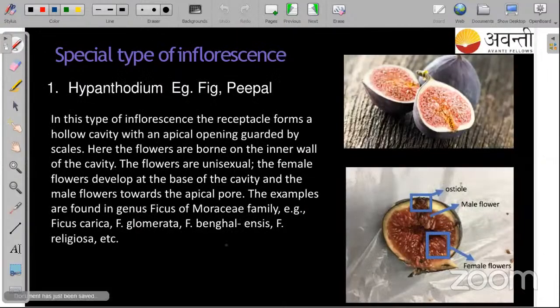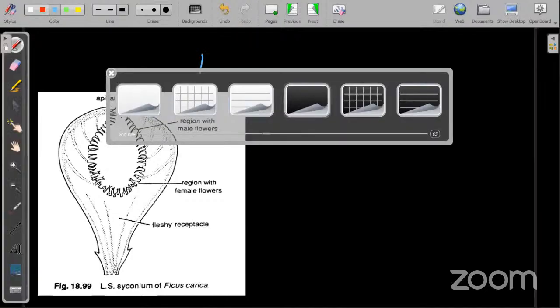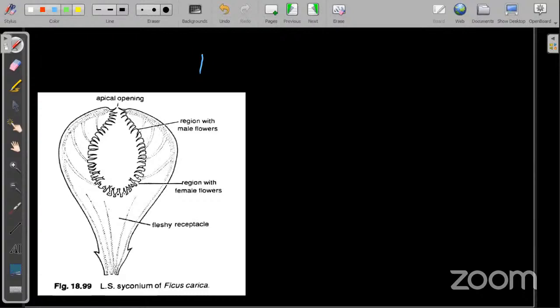Next is the hypanthodium. Actually, this is a special type of inflorescence. So what is the difference in this type of inflorescence? In this inflorescence, the receptacle forms a hollow cavity. You can see in this diagram, this is the diagram of a fig.